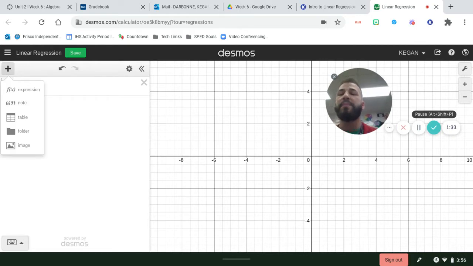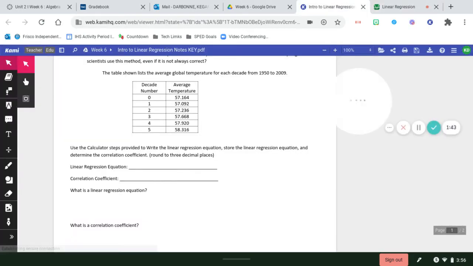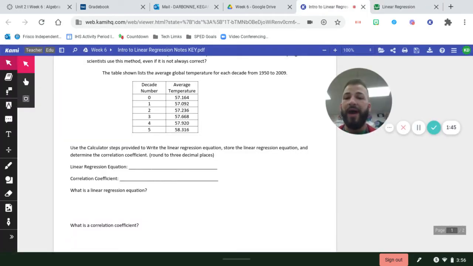You notice as I hit that plus sign, I have a couple of options. I want to add a table. Now you see I get an X and Y table. Just like over in our notes, I get my decades and my average temperature, which are X values and Y values. So then over here, I'm going to type in the data just like it is.